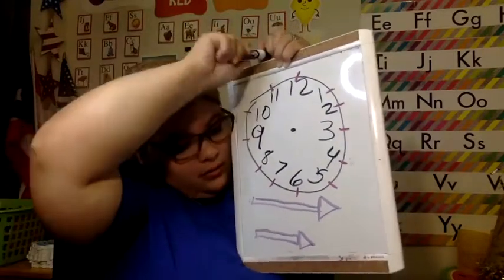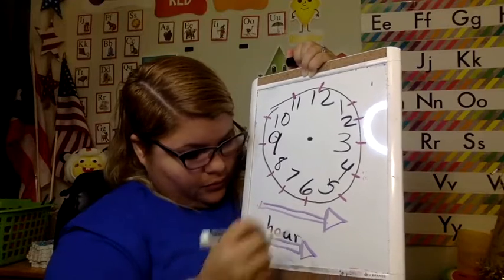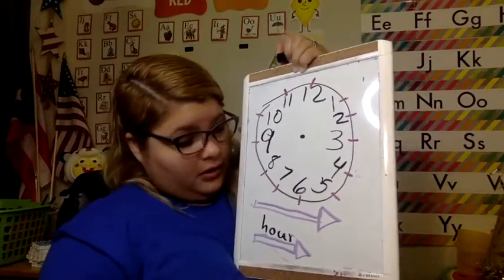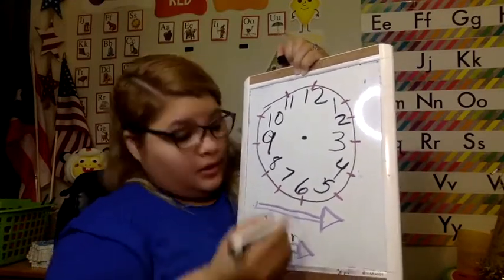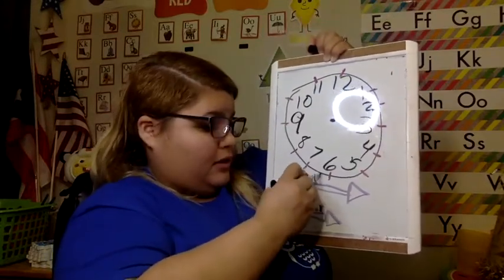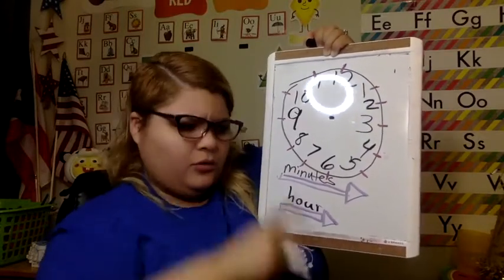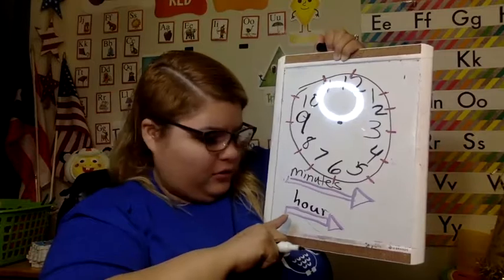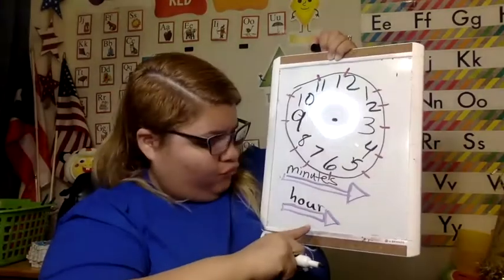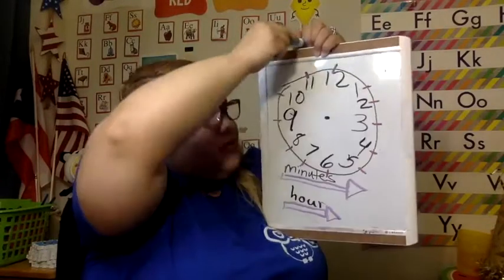The short hand tells the hour. The long hand tells us the minutes, like this. Interesting. The word minutes is longer than the word hour. So the hour hand is shorter.